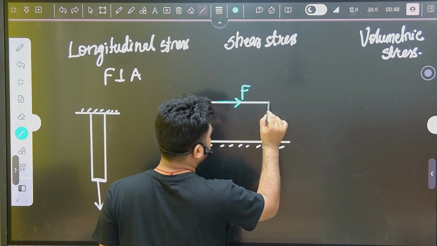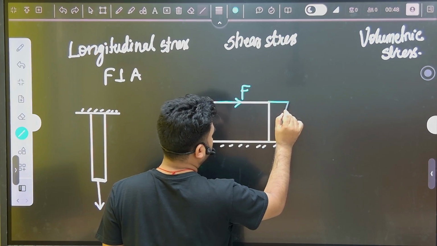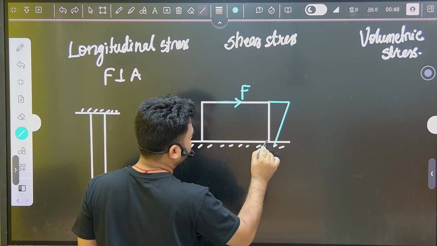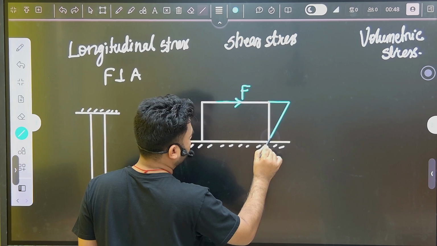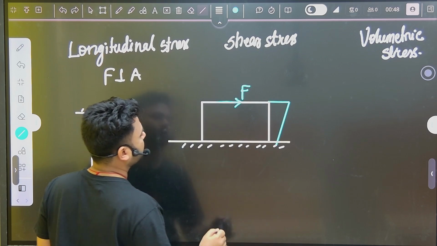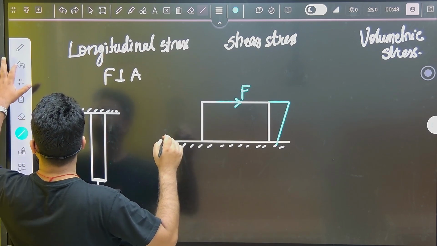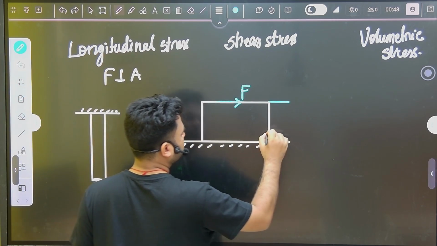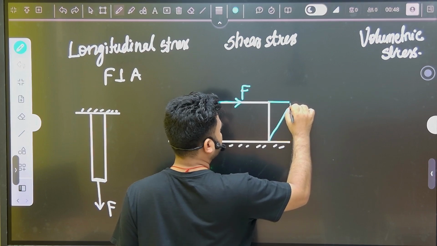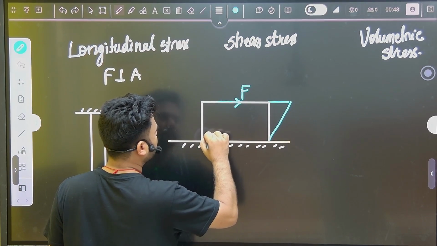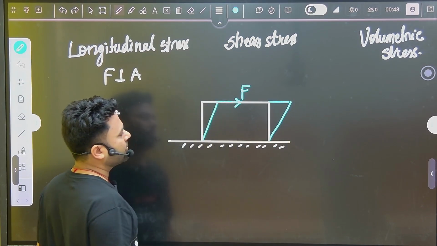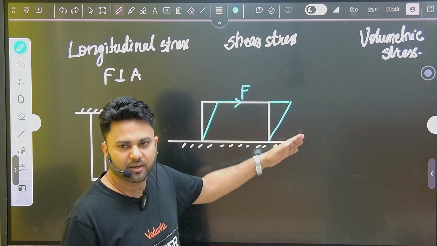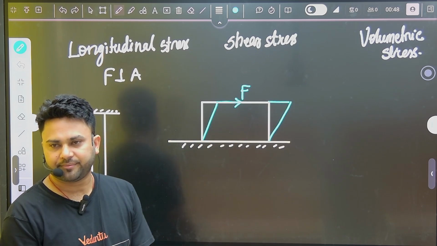But you will observe that here the object gets a little distorted. Like a free hand I will draw. The object's final shape becomes like this, a little bit distorted. Okay.